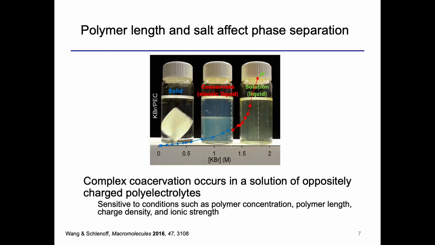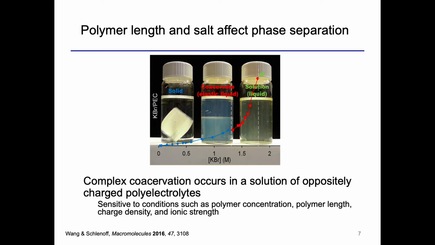I really like this picture because it shows how phase separation can be affected by simply changing the salt concentration. As the title says, polymer length and salt affect the phase separation. Here you can see the x axis, the salt concentration.